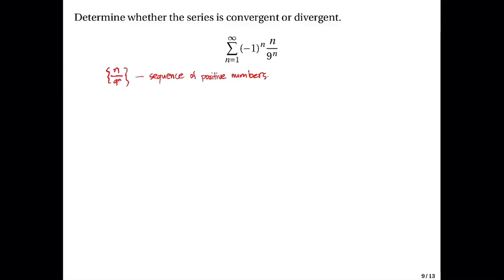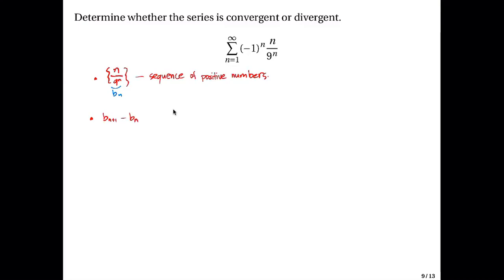So let us look at, so ito, papangalanan natin tong bn, ano? So let us consider decreasing ba? We can just use yung b sub n plus 1 minus bn.